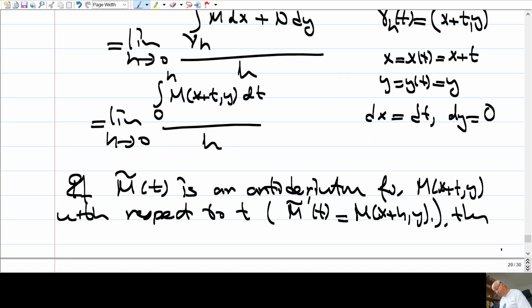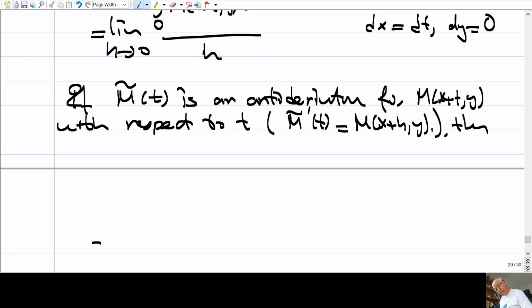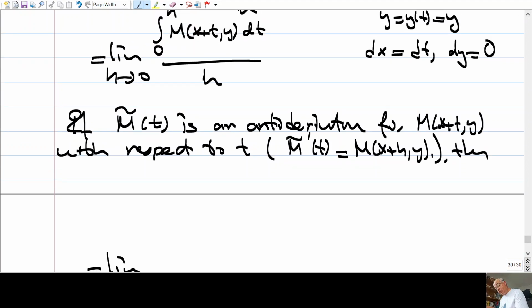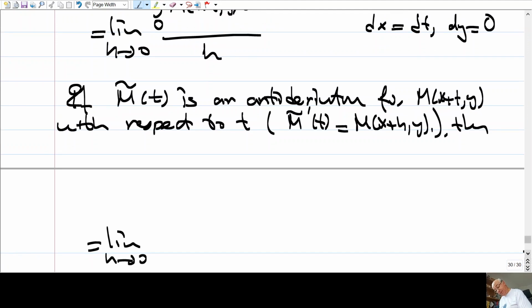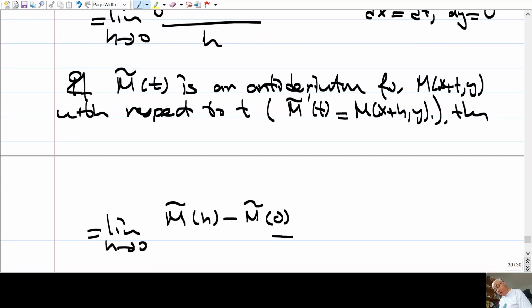Then of course this expression becomes what? This is the limit as h goes to 0. What is this integral? How would you take the integral? You just compute an antiderivative, which is m tilde, and compute it at the endpoints, at h and then at 0, and divide by h. But what is this?